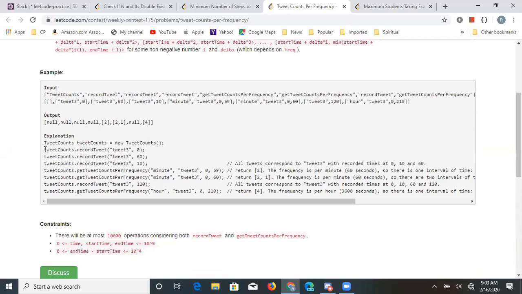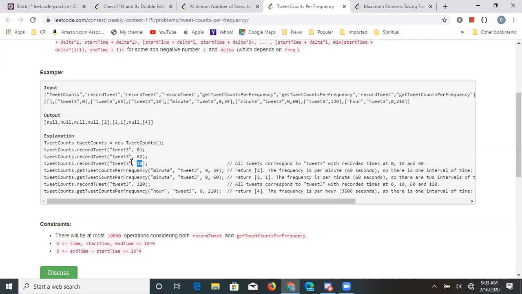So something like this. You will record tweet 3 at time 0, tweet 3 at time 60, tweet 3 at time 10. And all these are currently in seconds. So this means at the 0th second, there was a tweet 3. Again at the 60th second, there was a tweet 3. And at the 10th second, there was another tweet 3.